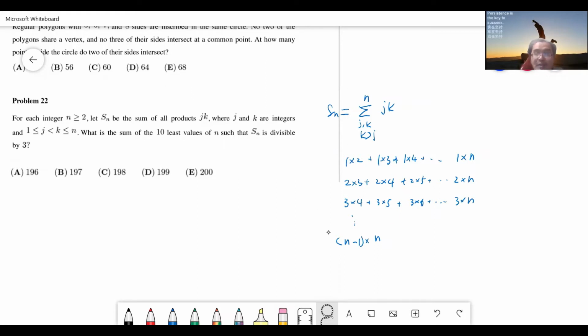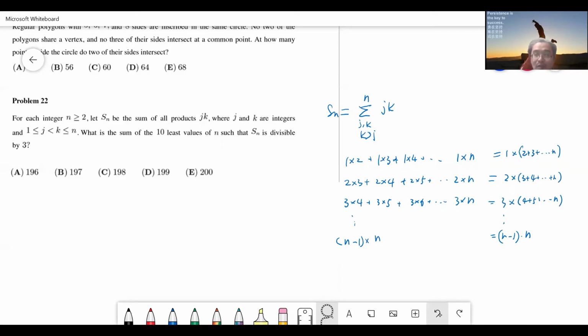So we can write this summation like this: 1 times parentheses 2 plus 3 all the way to n. The second line gives us 2 times 3 plus 4 plus 5 all the way to n, and so on.